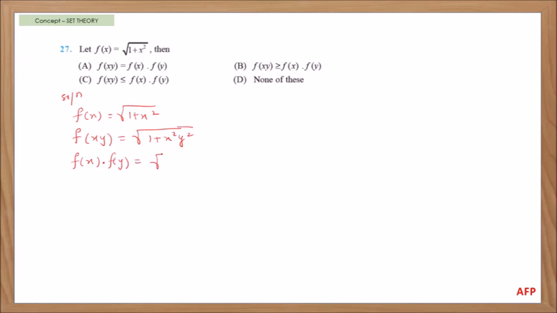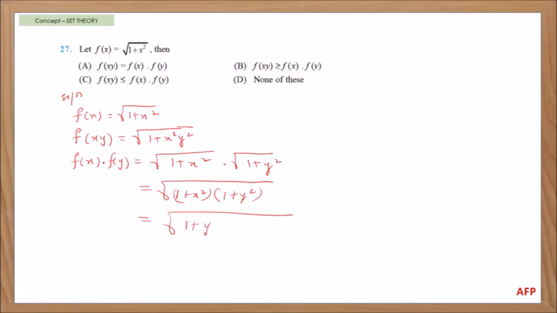Which condition is it satisfying? 1 plus x square into 1 plus y square, so this indicates the square root of 1 plus x square times the square root of 1 plus y square. So if you multiply it inside, what you are getting? 1 plus x square plus y square plus x square y square. So this is what you got, f of x into f of y.